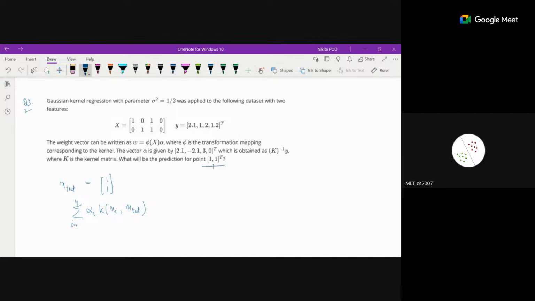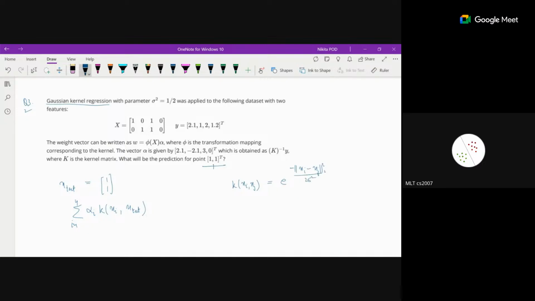Now, if we are using the Gaussian kernel regression here, then my kernel function, k of xi comma xj, is going to be e to the power minus the norm square of xi minus xj divided by 2 sigma square.